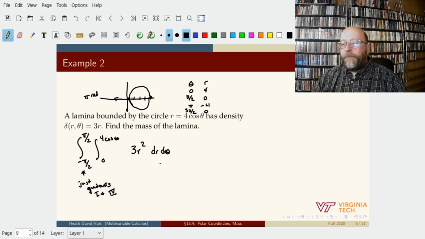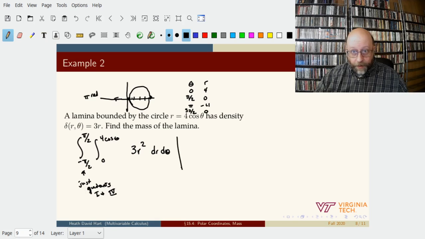Okay? All right. So let's work out the inside integral first. The integration from 0 to 4 cosine theta, 3r squared.